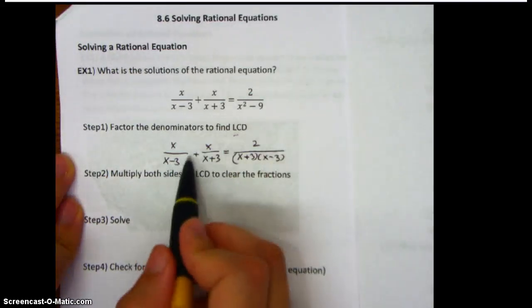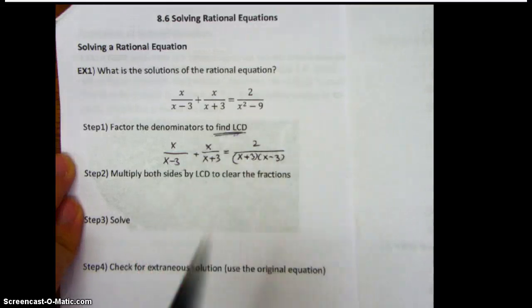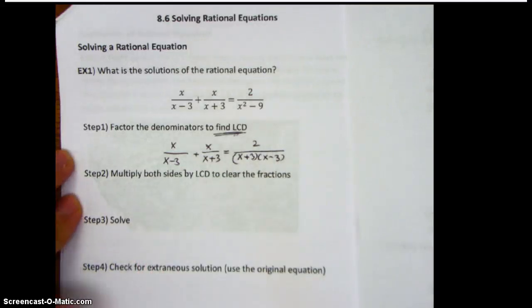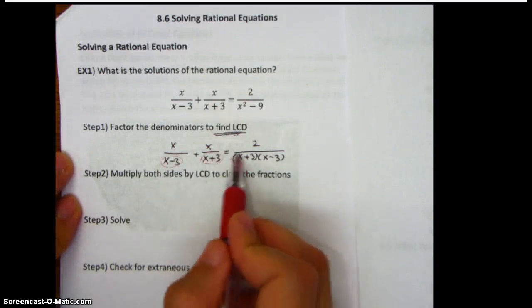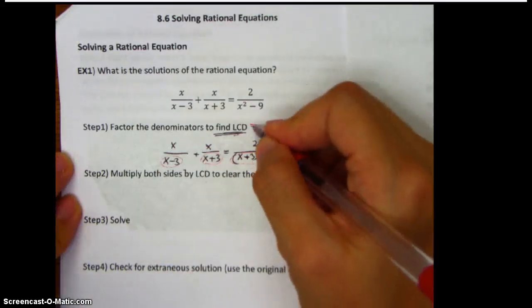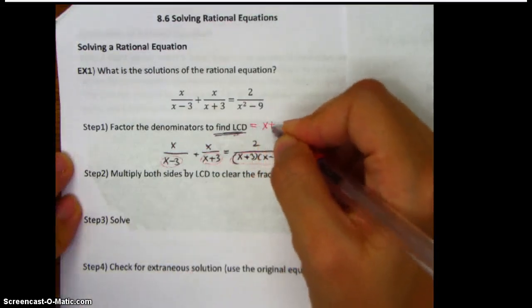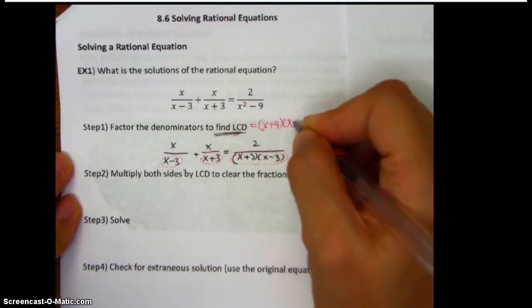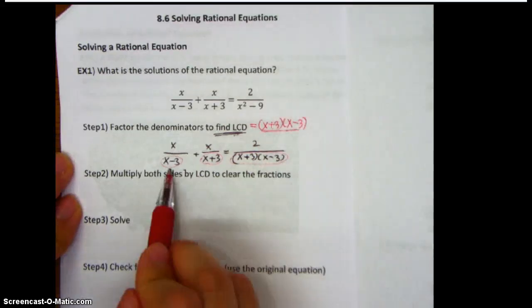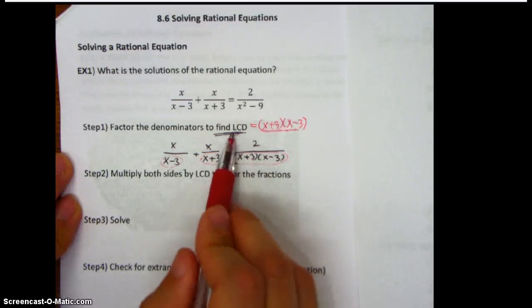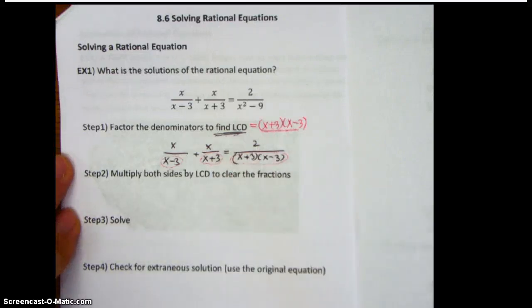Now, once you factor it, you can find the LCD, the least common denominator, that includes x minus 3 and x plus 3. In our case, it will be x plus 3 times x minus 3, because it has a factor of all of them, and also it's the least possible expression.